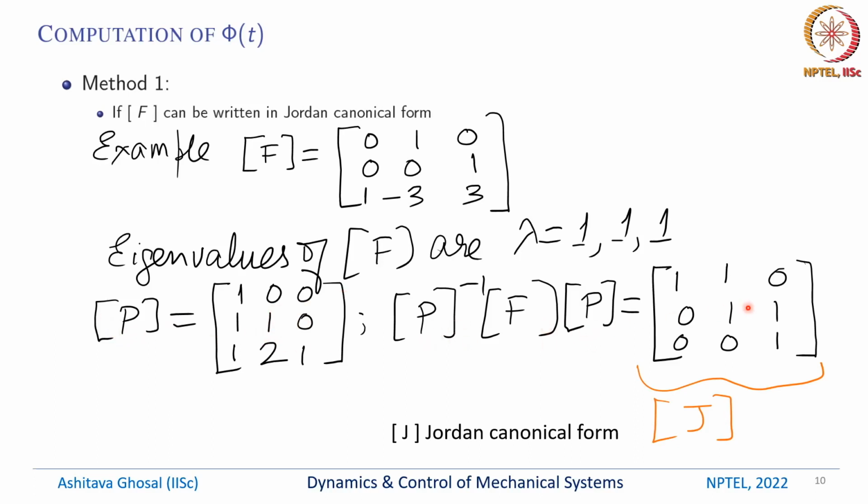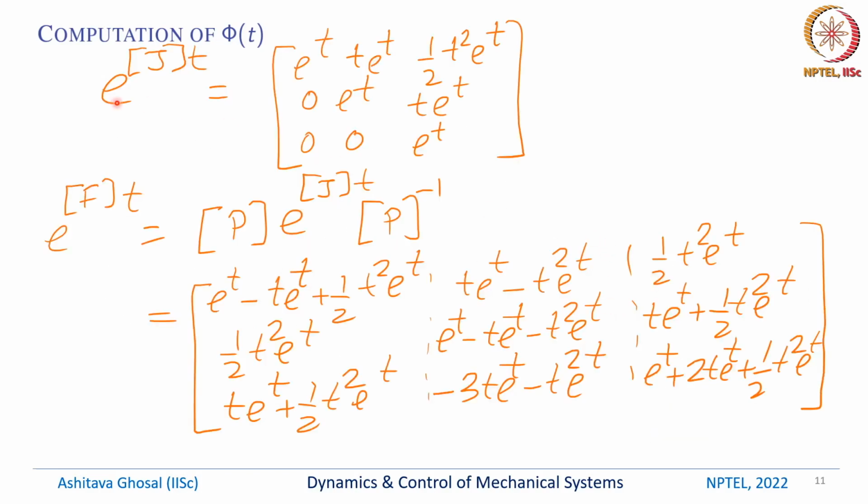And P inverse F P is now given in this form. So it is not a diagonal, so the diagonal elements are 1, but then you have two off-diagonal elements 1 and 1. So this is the Jordan canonical form, okay, after we do this P inverse F P. So e to the power Jt, J was the Jordan canonical form, can be written as e to the power t, 0, 0, then t e to the power t and e to the power t, 0, and half t square e to the power t, t e to the power t, and e to the power t.